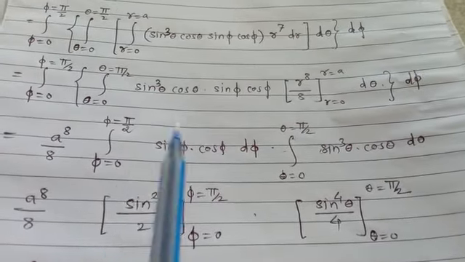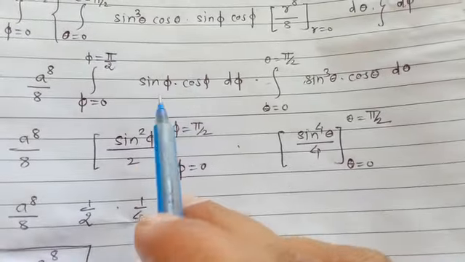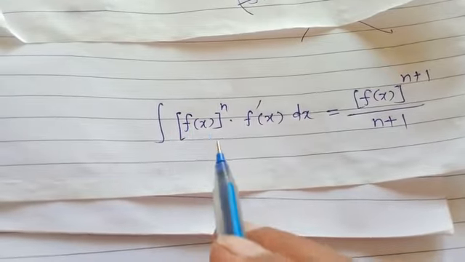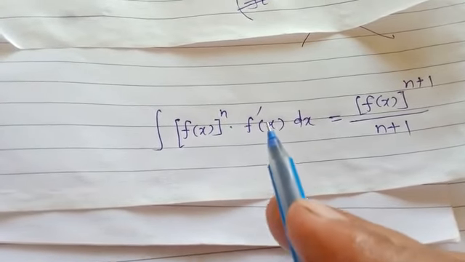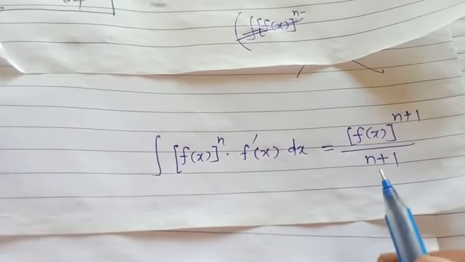Now we are solving both integrals separately, and to solve them we are using one formula: the integration of f(x) raised to n into f'(x) dx is f(x) raised to n plus 1 upon n plus 1.